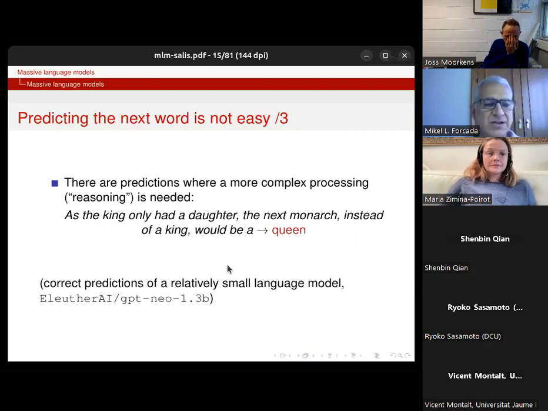And these are correct predictions of a relatively small language model that you can try even on a large desktop machine, which is EleutherAI. That model did actually produce this prediction from this context, which implies that there's a bit of processing done with the words.